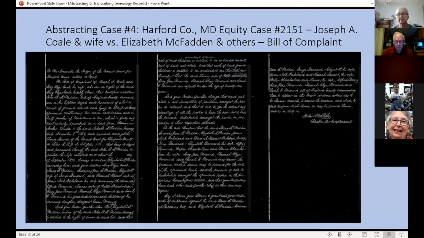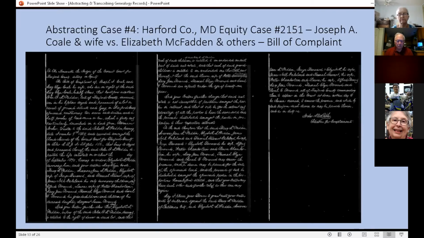The fourth abstracted case is part of a 54-page equity file that was filed here in Harford County back in the 1800s, and this was over the estate of a guy named John McFadden. Basically it was one of his children and her husband versus the other members of the family.